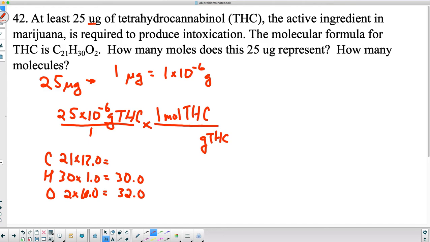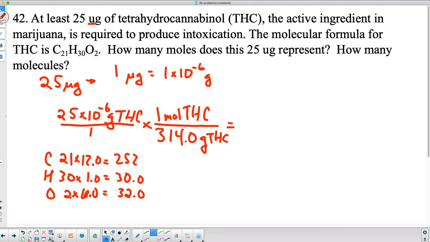I don't know. Let's get the calculator. 21 times 12 is 252. Okay, and then I add 30 to that, and then I add 32 to that. So I get 314 grams of THC per 1 mole.